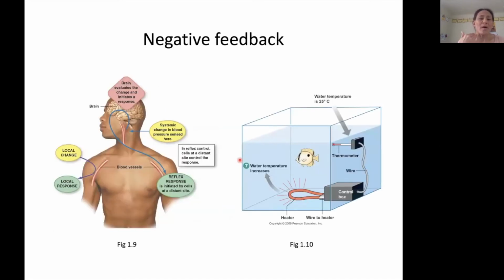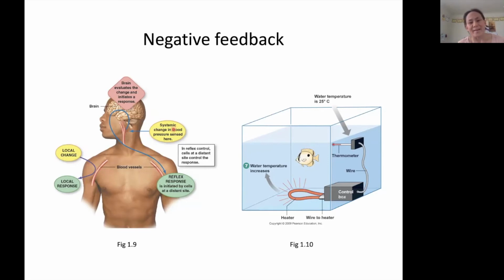One thing that I want to point out here is that all of the examples that we've looked at so far are negative feedback loops. Looking here, remember that we had low blood oxygenation. We took a bunch of actions to bring our blood oxygenation back up. Again, our response is counteracting our initial stimulus, and we are maintaining homeostasis in doing so.